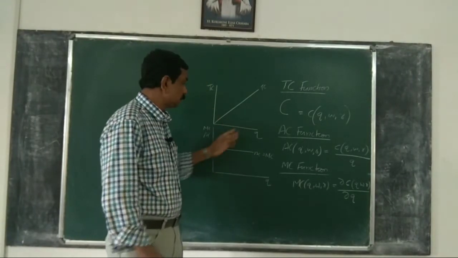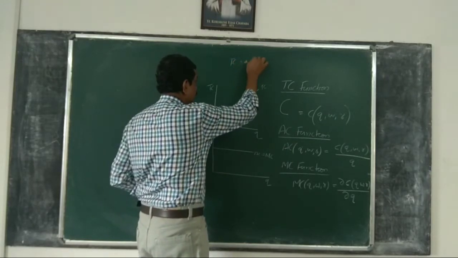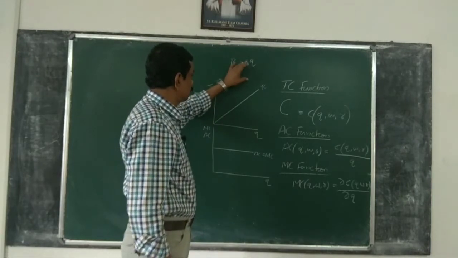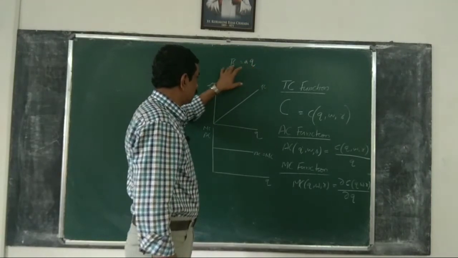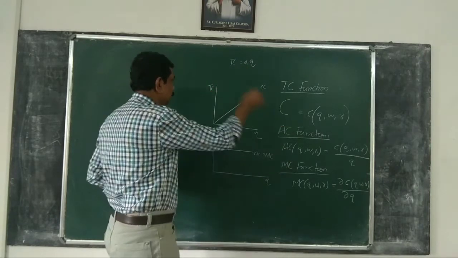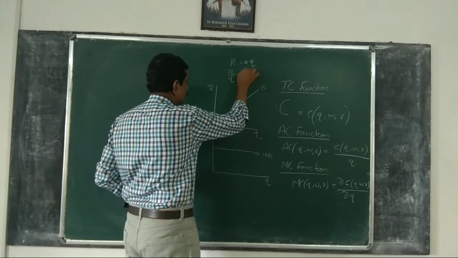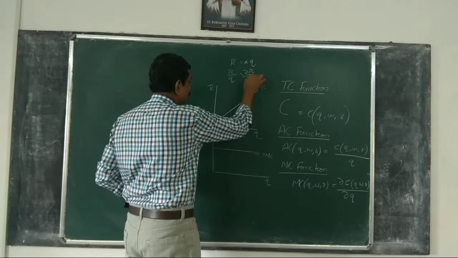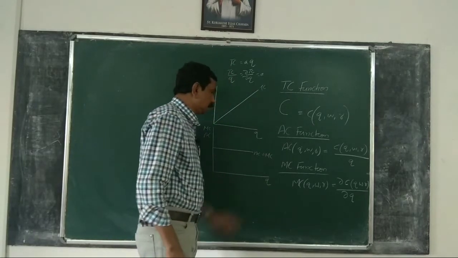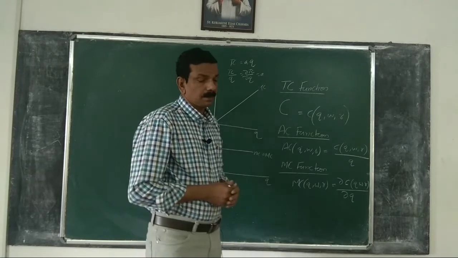So we can write it as TC equals AQ, with the average cost and also marginal cost equal to A. That is, TC by Q is equal to dou TC by dou Q, equal to a constant. AC is equal to MC, a constant.